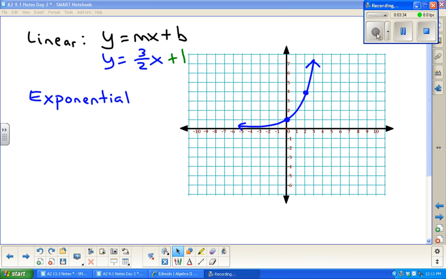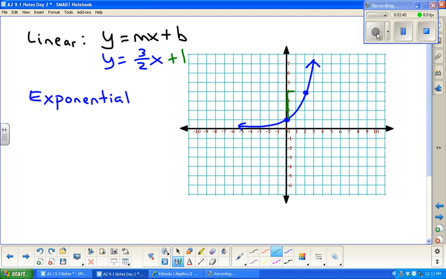Specifically, that slope of up 3 over 2 from here to here, that's not going to be the same. If I go up 3 again and over 2, I can see my graph is actually going to be quite a bit higher than that, the y value way up there. So the exponential is when things are growing not at a steady rate. That rate changes throughout because we're actually multiplying by something.